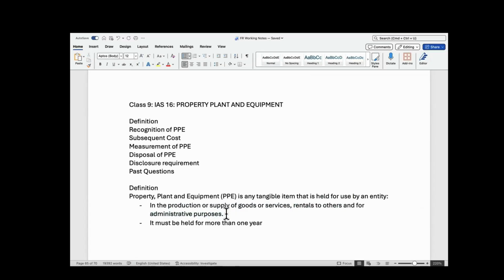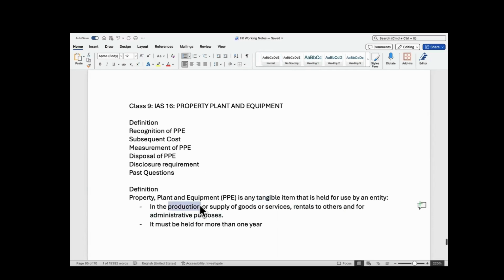That therefore means that any item you have that is tangible as an organization that you hold to produce, to supply, to rent to others, or for administrative purposes, is most likely going to be a PPE, provided that your intention of holding it is more than 1 year.